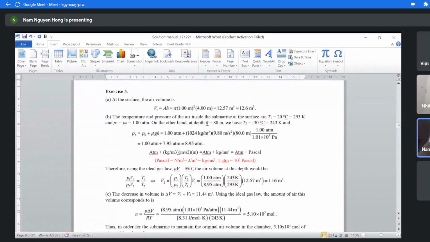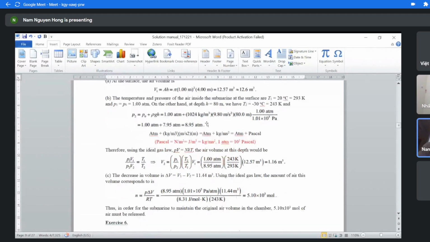So 12.6 cubic meters. Now we need to determine the pressure at depth 80 meters.